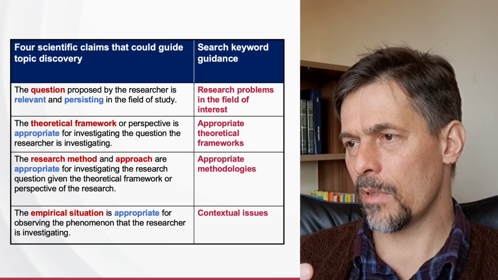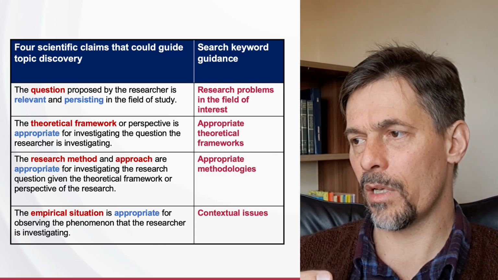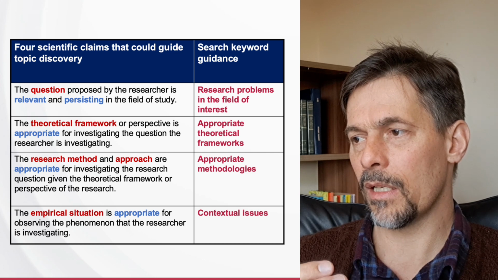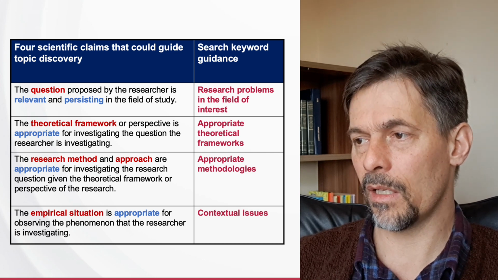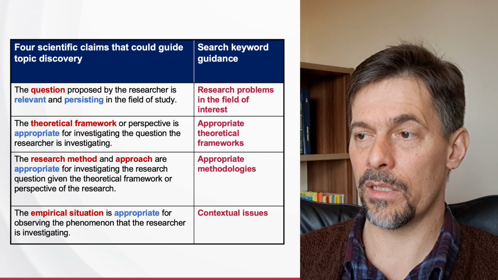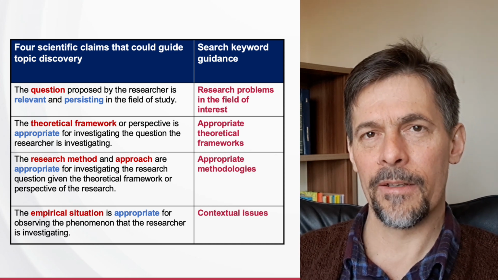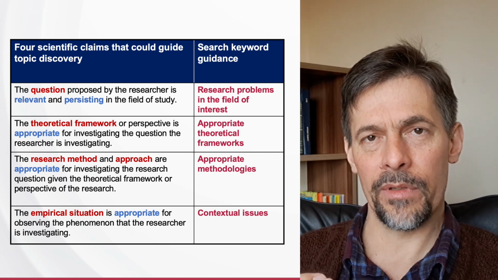The third claim says that the research method and approach are appropriate for investigating the research question given the theoretical framework or perspective of the research. This basically means that you're going to do a third review of literature.